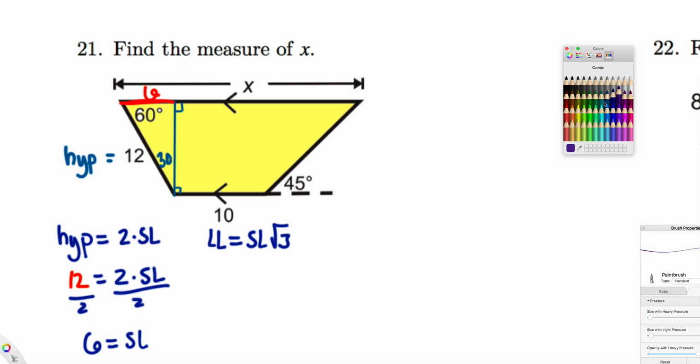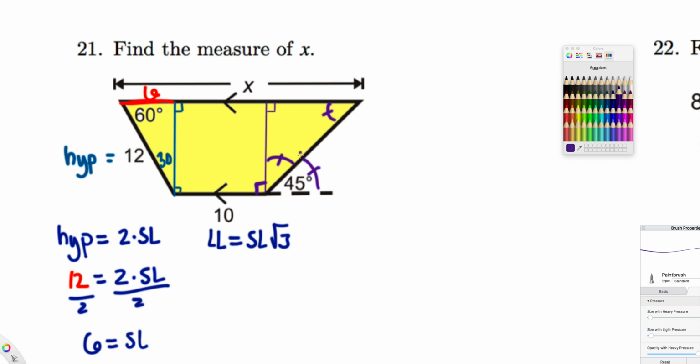Let's take another altitude here and draw it, giving us another right angle. So this would be a right angle here too. If this angle is 45, this angle here also has to be 45 because this is 90. These are alternate interior angles. That's another way we can look at it.